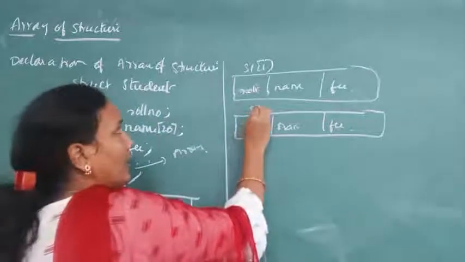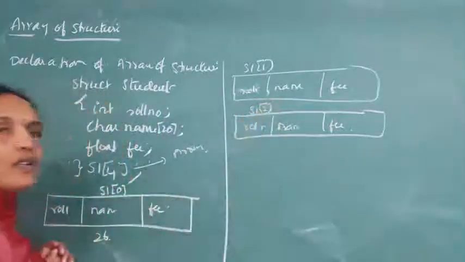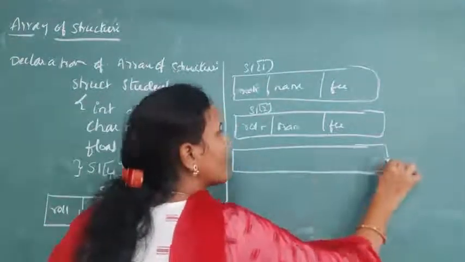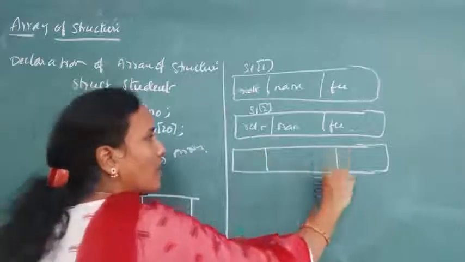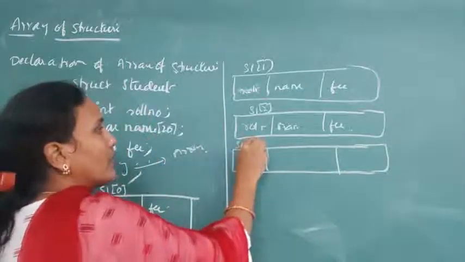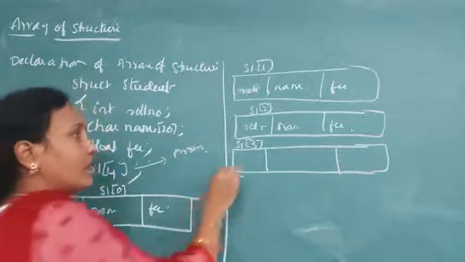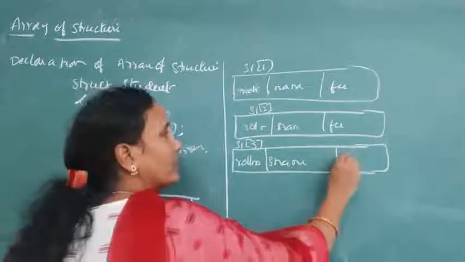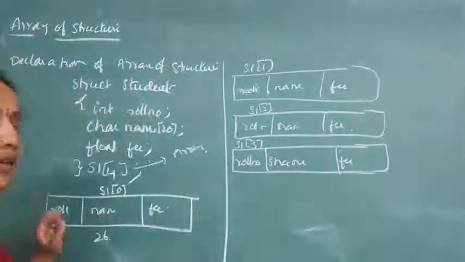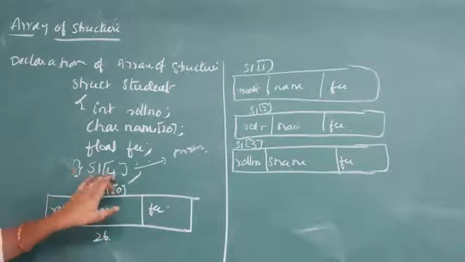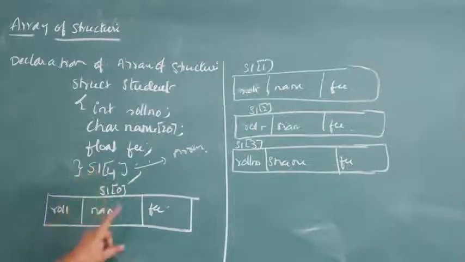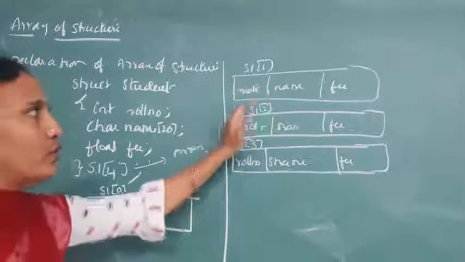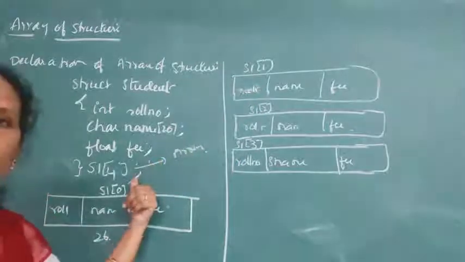This is S1[2]. Third student record. Now S1[3], fourth student record. First one is roll number, second one is name and the third one is the fee of the student. Okay, because here I have given array size as 4. So 4 members should be there. 1, 2, 3, 4. Means these 4 students are following the same structure.